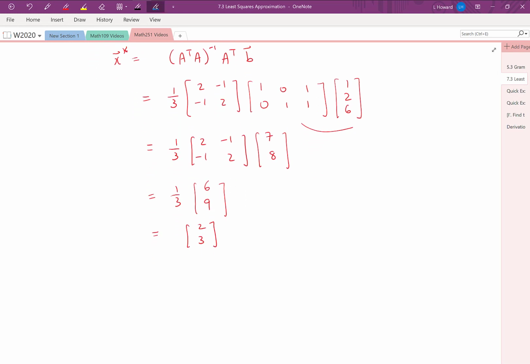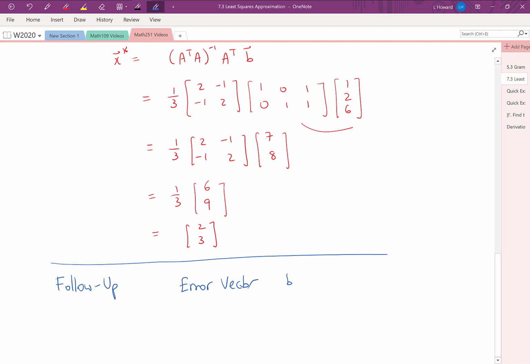Now I wanted to do a follow-up here and just make sure we understand conceptually what's happening when we calculate that least squares solution. Remember, we defined the error vector to be b minus Ax.